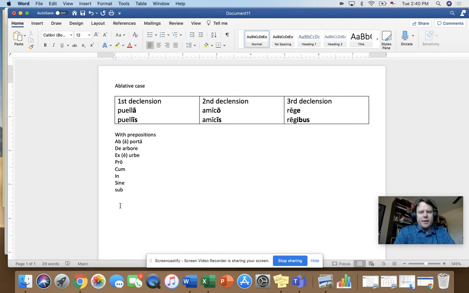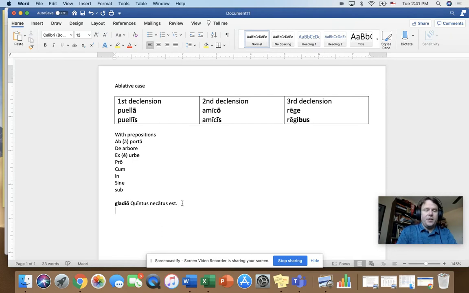But if you take something like a sword, gladius, and we put that in the ablative, and I say that Quintus necatus est, he was killed, gladio, that O is in the ablative case.